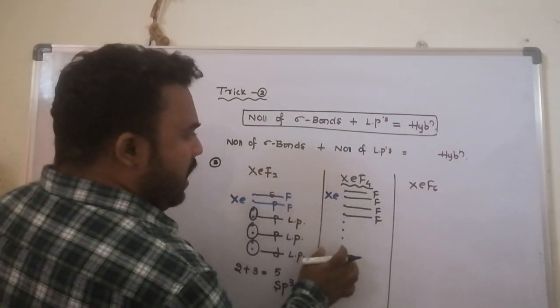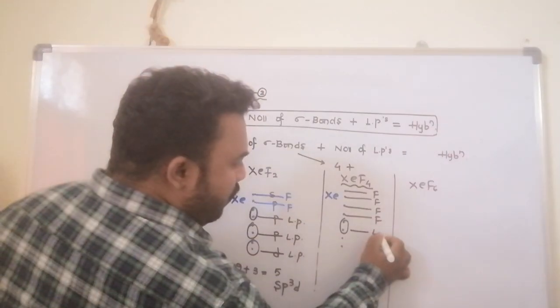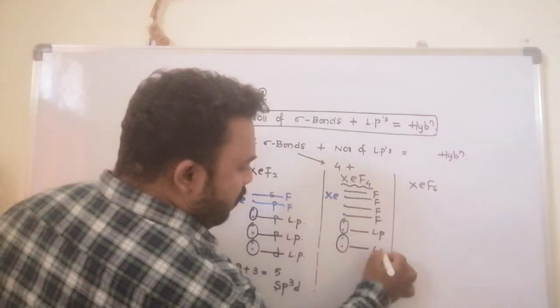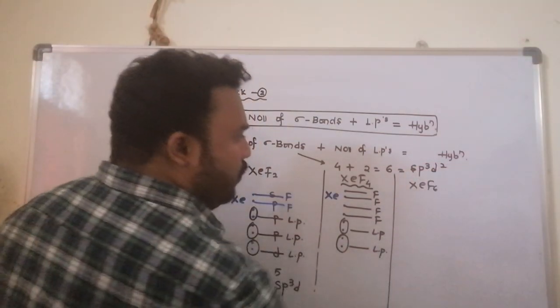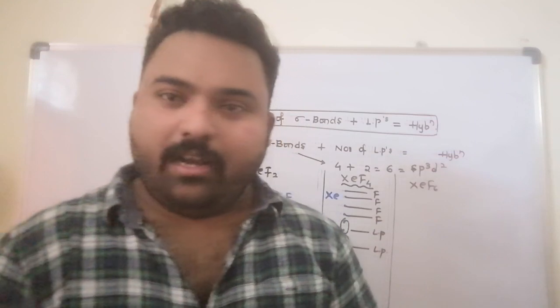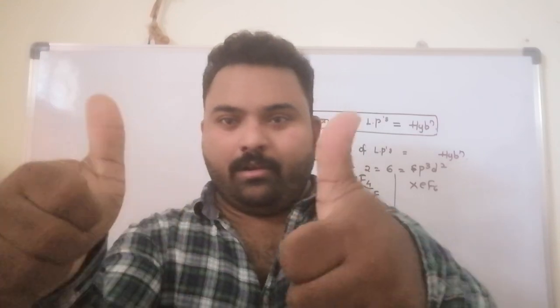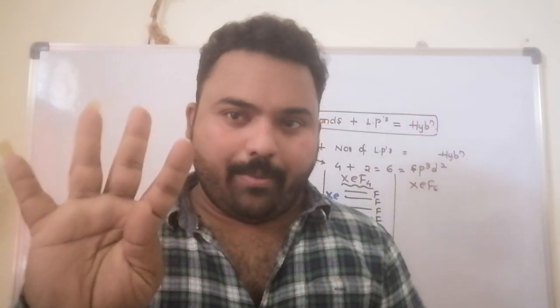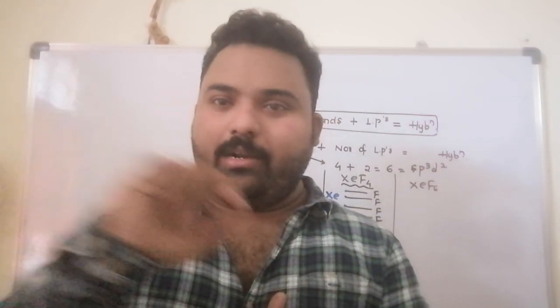The number of lone pairs is 2. So 4 plus 2 is 6.